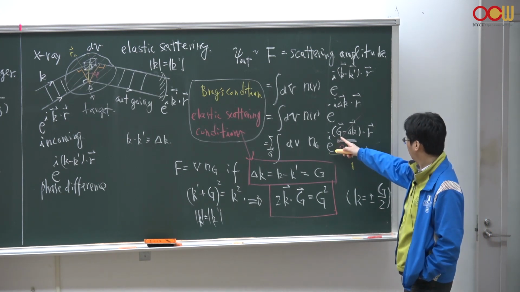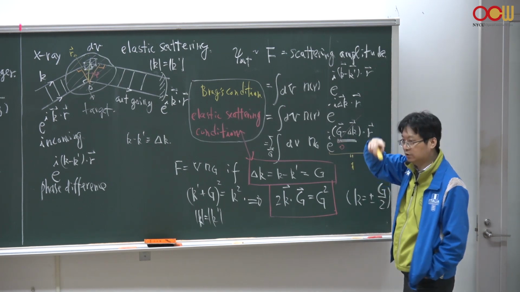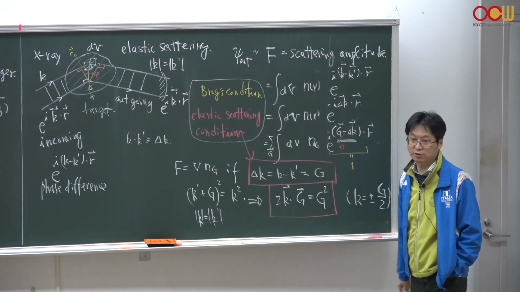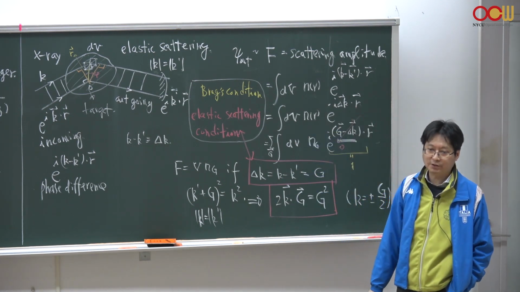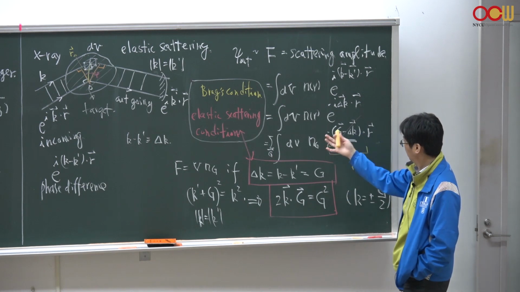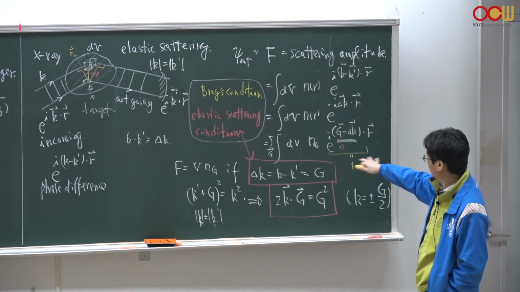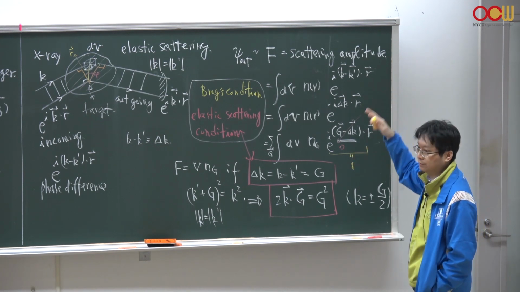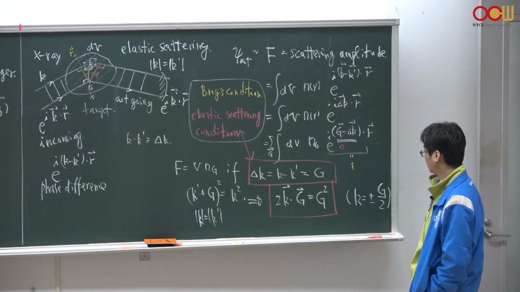But if G is not exactly canceled by delta k, then you get the oscillation of this integral, and by the symmetry argument, when you integrate over the entire space of this target material, you get cancellations of all these positive and negative values, and therefore it vanishes.